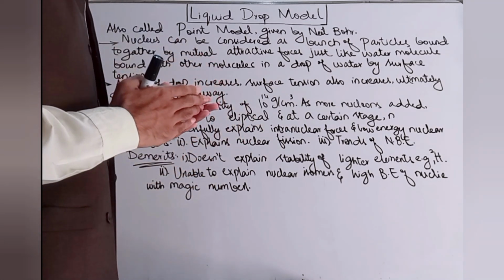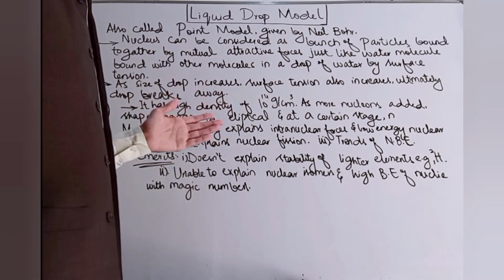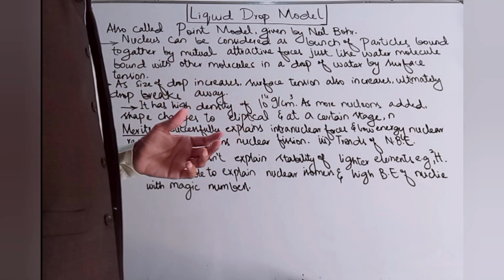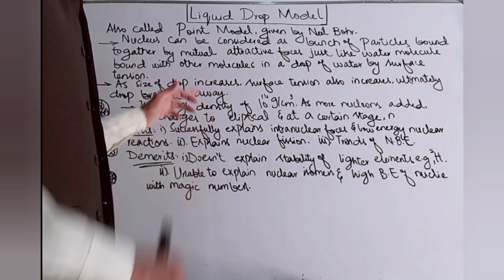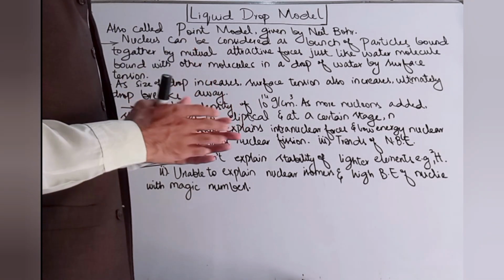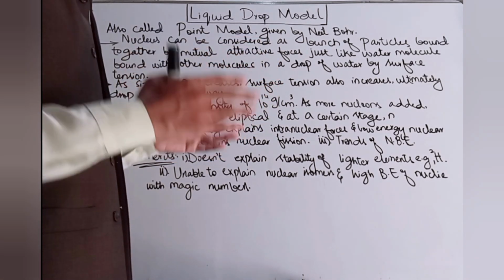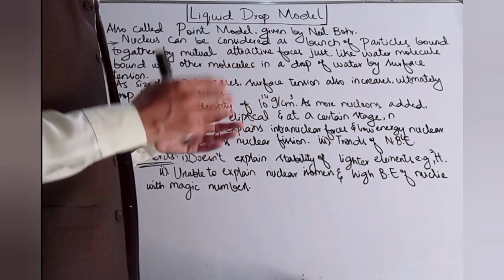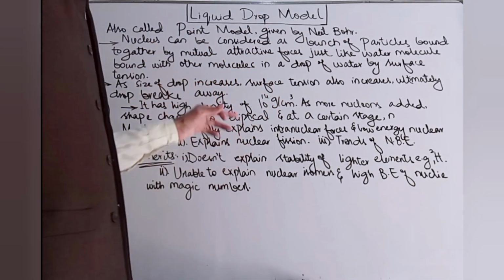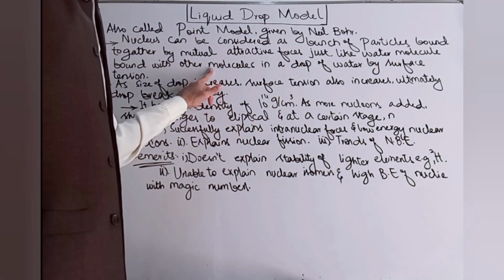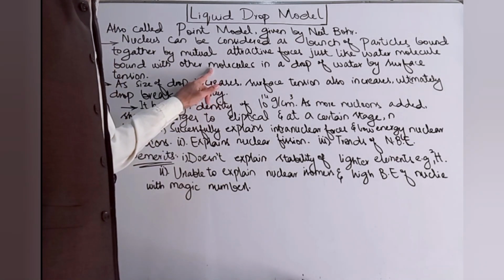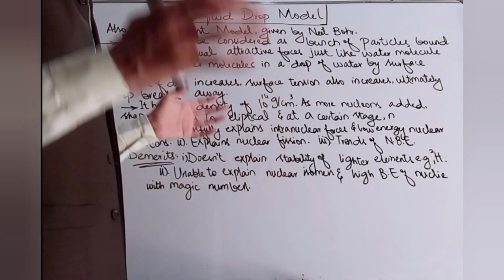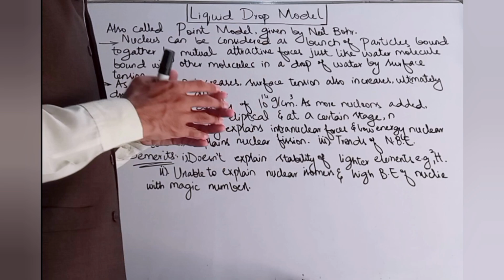So this model considers the nucleus just like a drop of water, and it says that just like a water molecule is bound by a large number of other water molecules within a drop, and there exists a number of cohesive forces between the water molecules that keep them bound with each other.